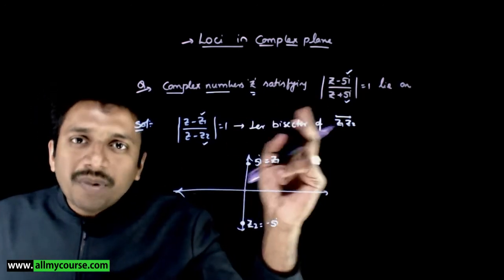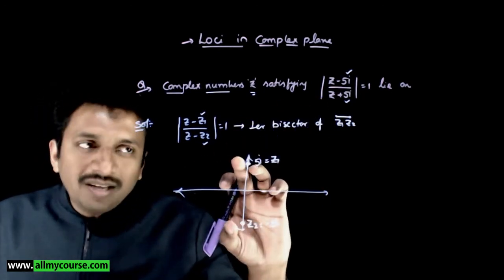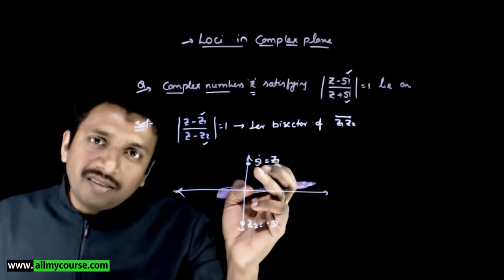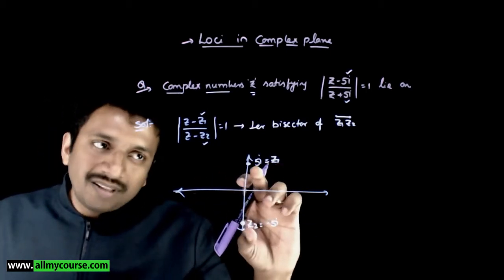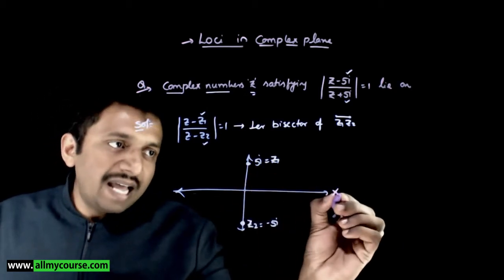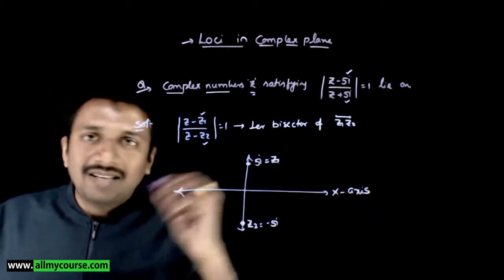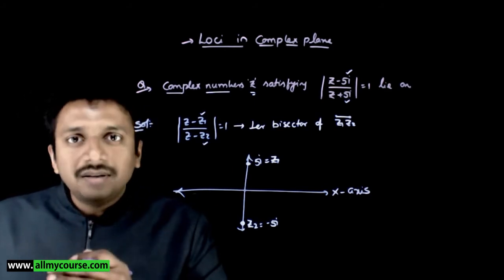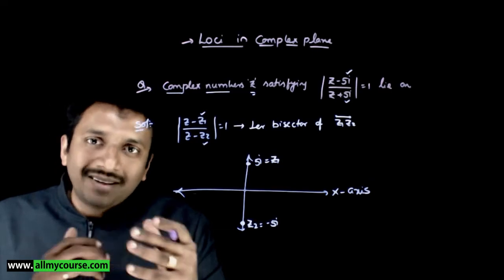This represents the perpendicular bisector of the line segment joining plus 5i and minus 5i. So obviously the perpendicular bisector is the x-axis or real axis. Hence the locus is a straight line, which is the x-axis or the real axis.